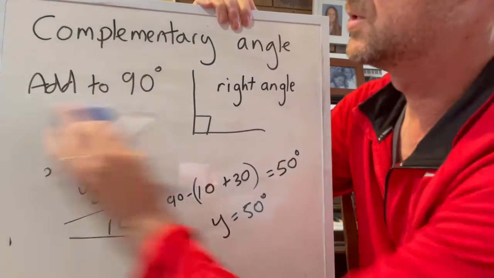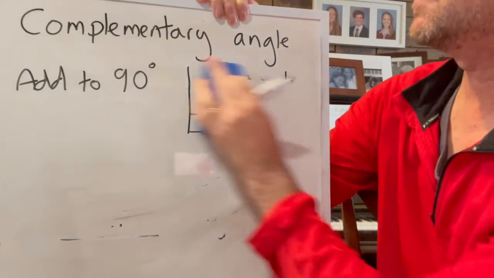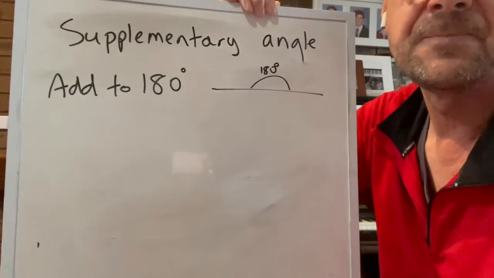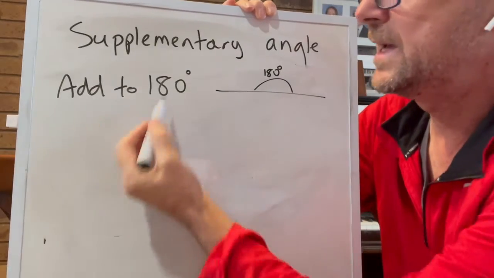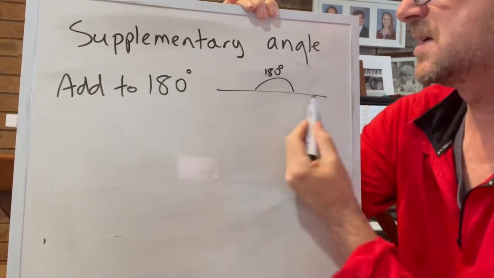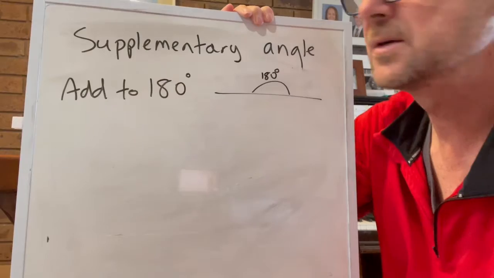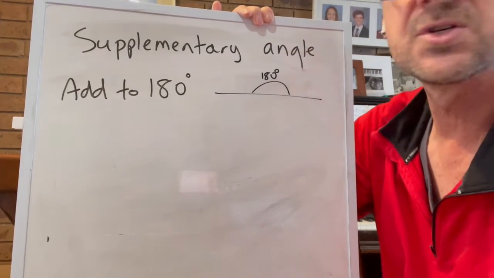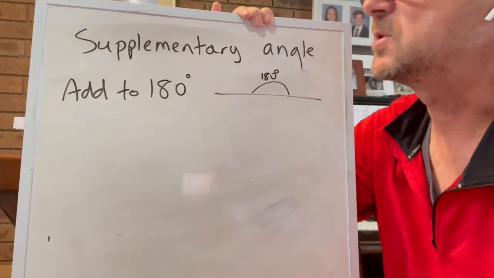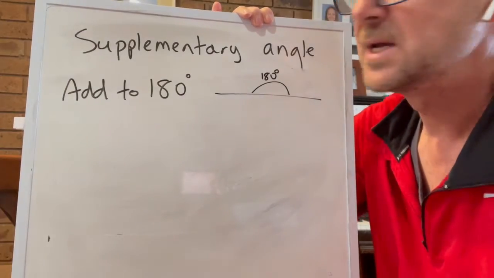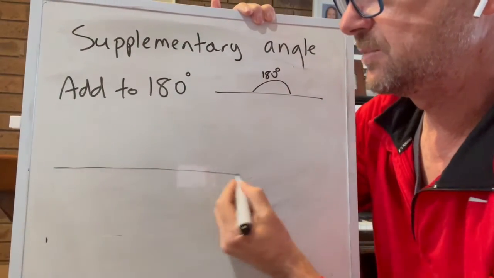Okay, let's have a look at some supplementary angles now. Supplementary angles all add to 180, okay? So they create a straight line. For these types of questions, we have a similar scenario to what we saw with the complementary angles, in that we normally are given a piece of information.